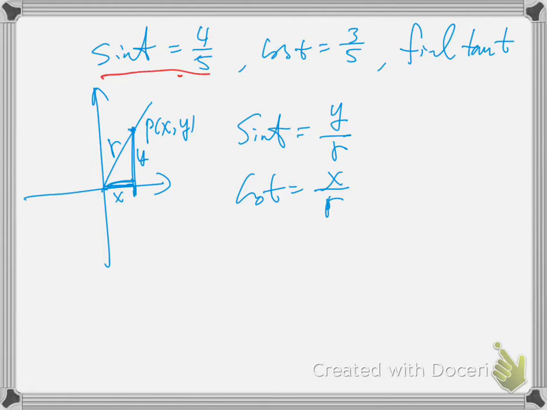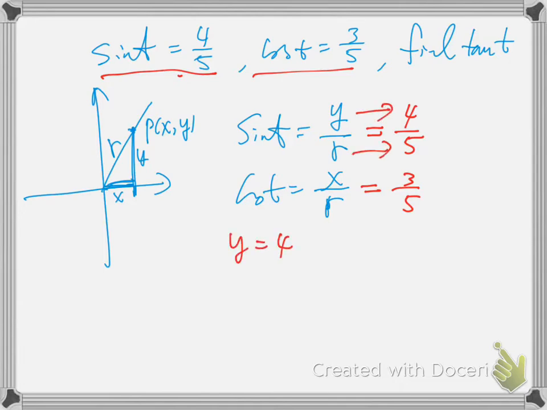Now let's look at the given numbers. Sine t is 4 over 5. Cosine t is 3 over 5. Then what can we get? We get y is 4, r is 5, and x is 3.